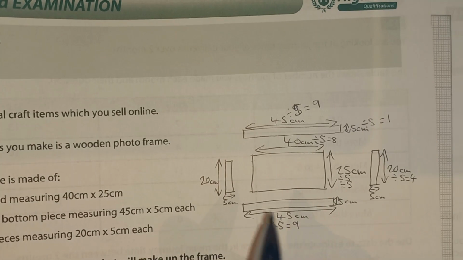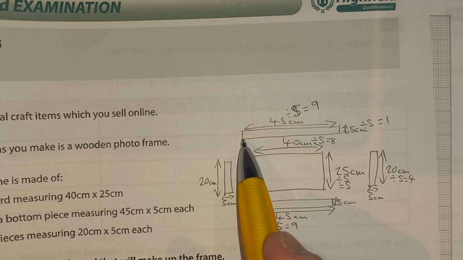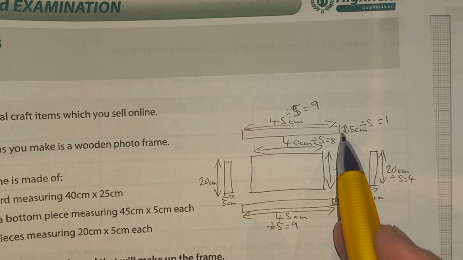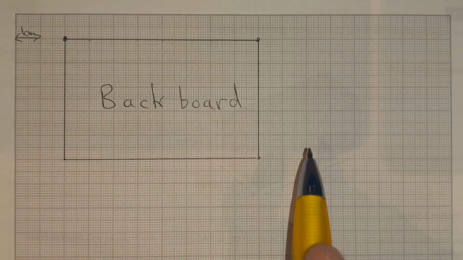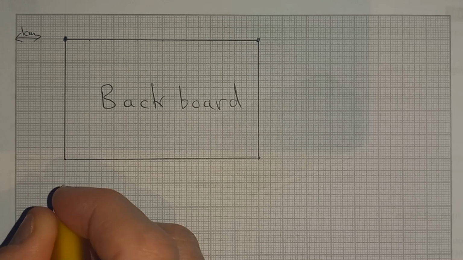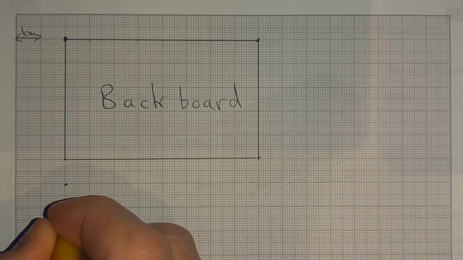Right, then what did we have next? Well, we had our top and bottom pieces, which we'd said were going to be, once we'd used the scale, once I'd worked out which way round it was, 9 centimetres long and 1 centimetre down. So let's make it here.